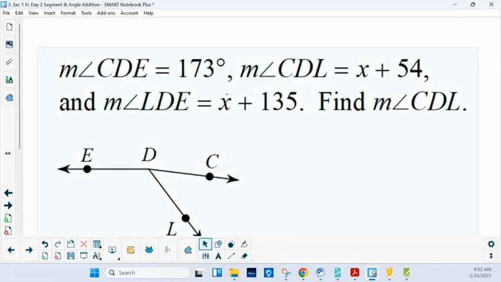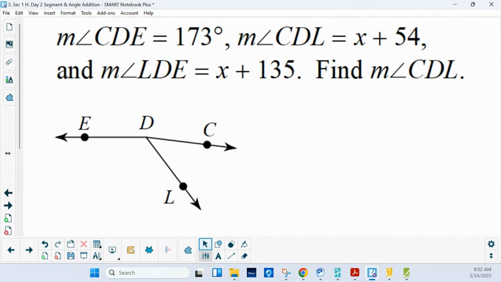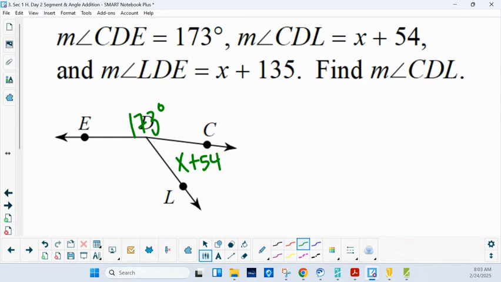Okay. Measure of angle CDE is 173, so the whole thing is 173. Angle CDL is x plus 54. Angle LDE is x plus 135. Find the measure of angle CDL. So add the 2 together. Let's get those x's together. Someone getting 135 and 54? 189.